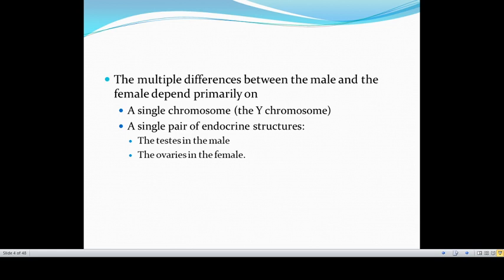The multiple differences between the male and the female depend primarily on a single chromosome, that is the Y chromosome, and a single pair of endocrine structures, which are the testes in the male and the ovaries in the female.